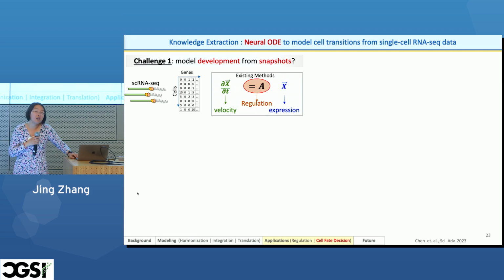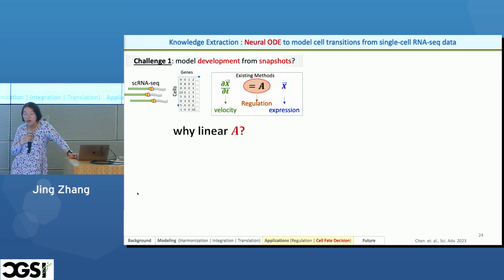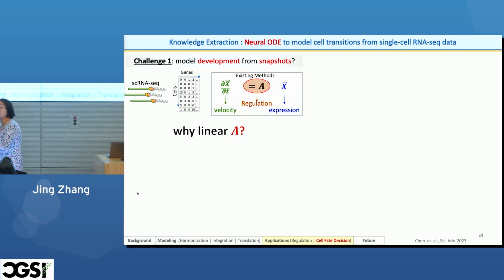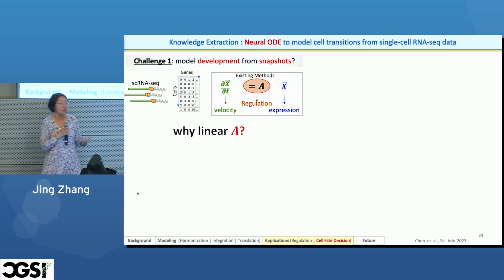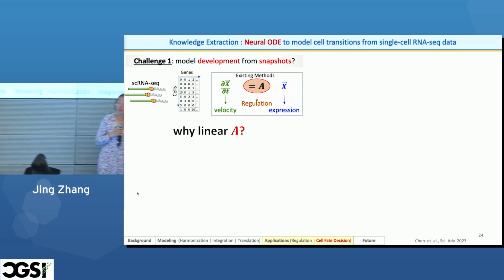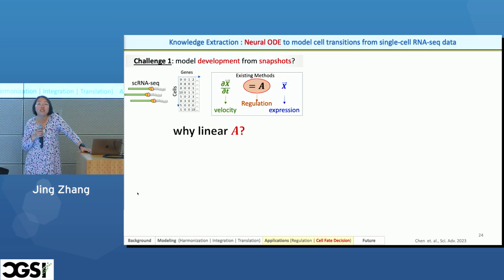But then when we start to look at the problem, we always have a question. So why should we assume there's a linear relationship between the gene expression change versus the existing gene expression profile? For instance, two transcription factors can be required at the same time to activate a gene, which is actually obviously nonlinear. So how should we deal with it?